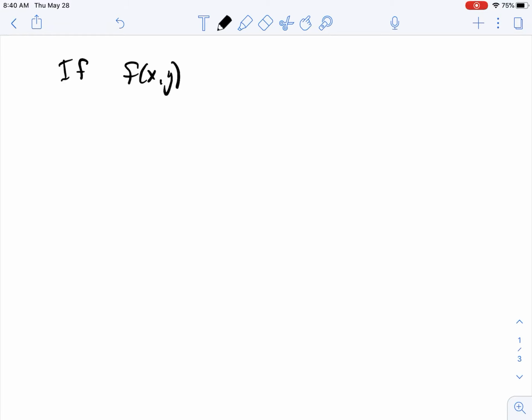Okay, so if f of x comma y is equal to x e^y. So notice that this is your function, and you need to convert it to a vector.